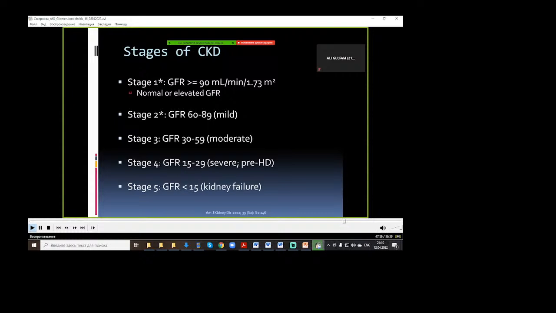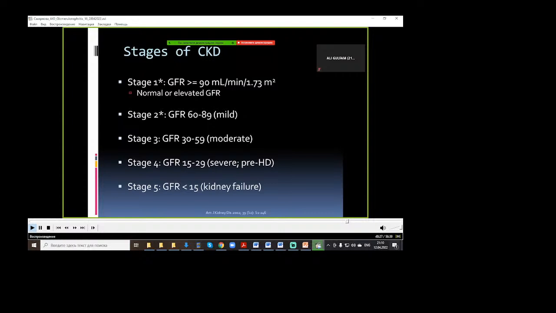According to the level of glomerular filtration rate, chronic kidney disease is classified into 5 stages. In stage 1, glomerular filtration rate is normal or even elevated, more than 90 milliliters per minute per square meter of body surface.